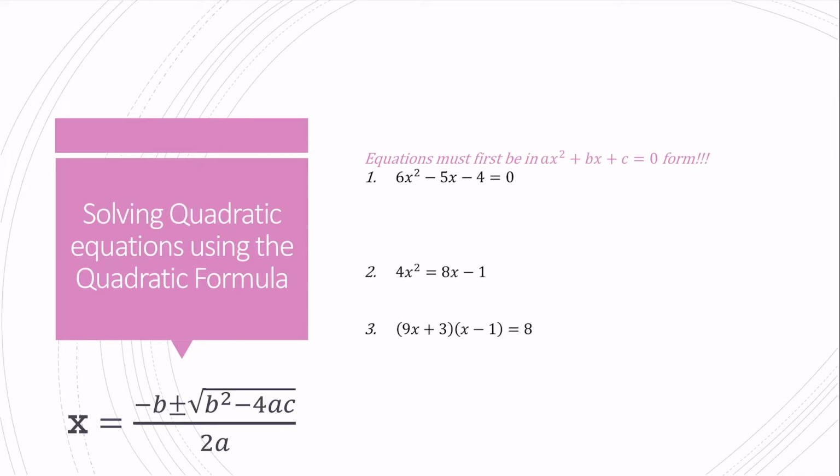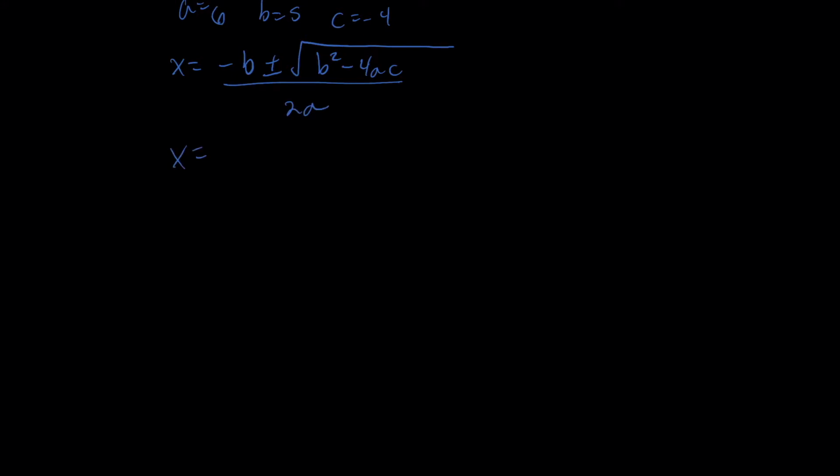All right, so let's go ahead and factor some equations using the quadratic formula. Here I have a equals 6, b equals negative 5, and c equals negative 4. X equals negative b plus or minus the square root of b squared minus 4ac all over 2a. So x equals negative 5 plus or minus the square root of 5 squared minus 4 times 6 times negative 4, all over 2 times 6.